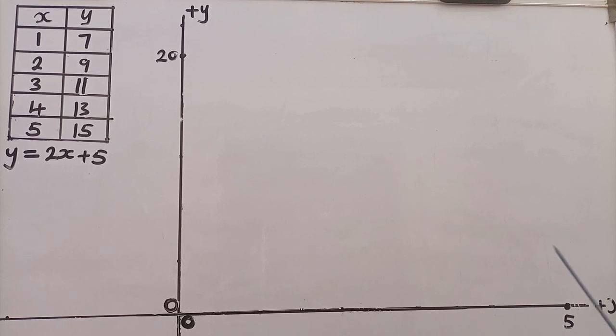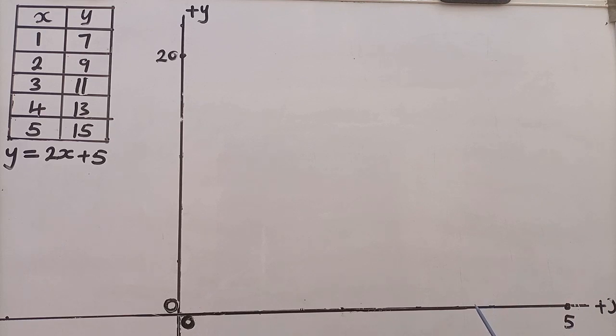first, I hope you know why I wrote 5 here. It is not compulsory that it must be at this point. Anywhere I like along this axis, as long as it is not on this 0, I can write my 5.